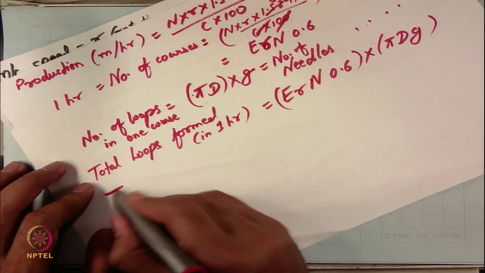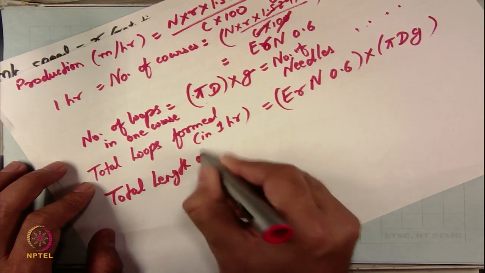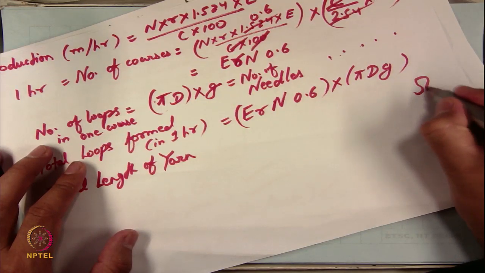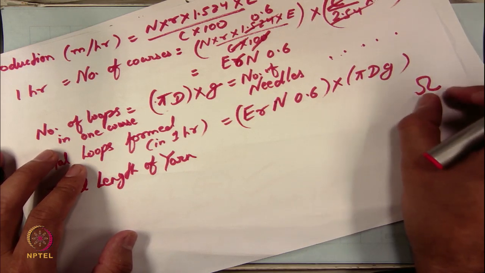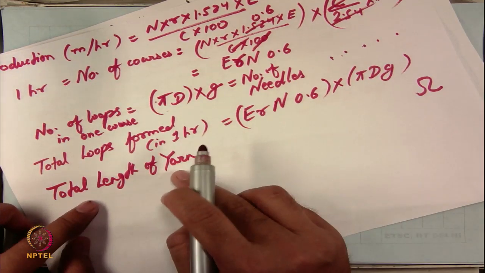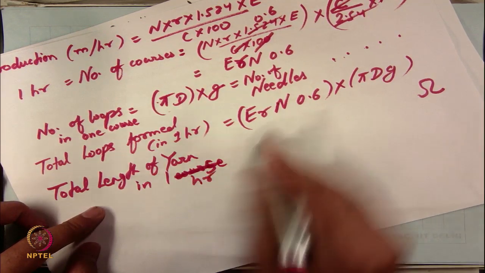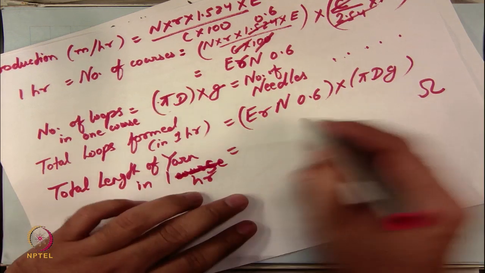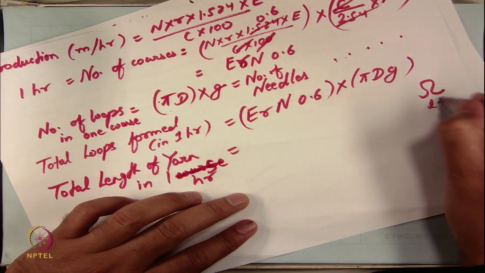So, total length of yarn. If you know the loop length, you can say what is the length of the yarn used in making one loop. So, total length of the yarn in 1 hour, because in 1 hour you are making so many loops, you can simply multiply by L, and L is the loop length.